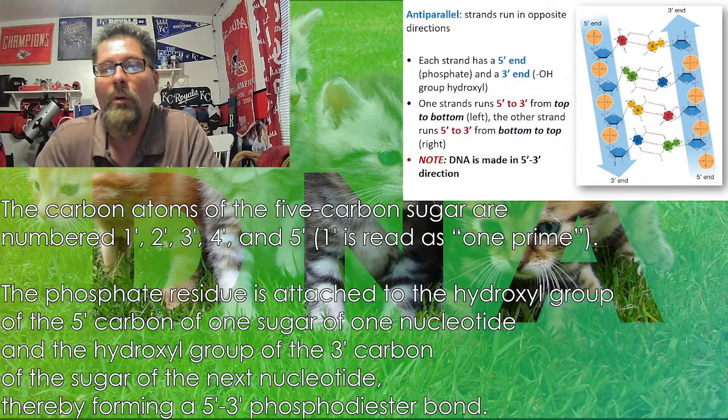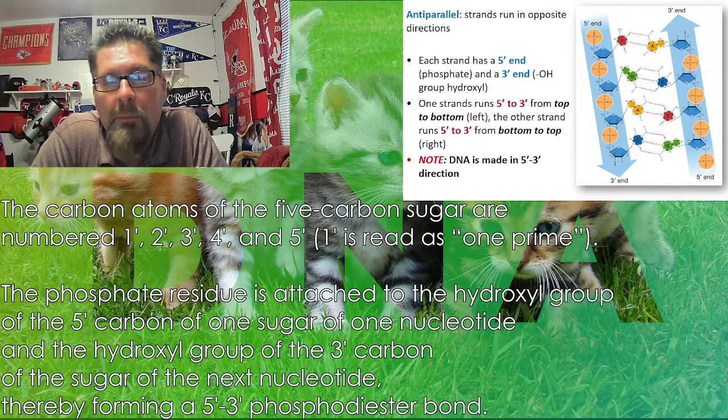Now, what we're talking about when we say 5' and 3', the sugar, the deoxyribose, is made out of 5 carbons.